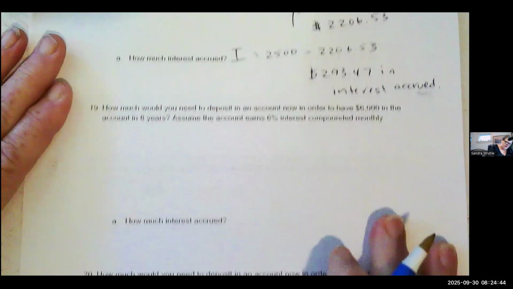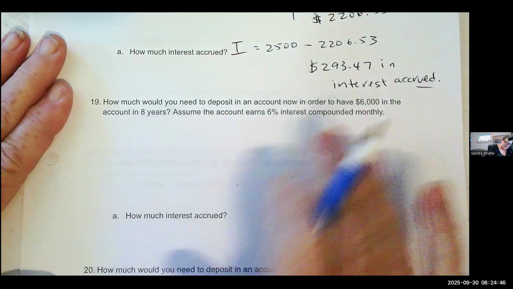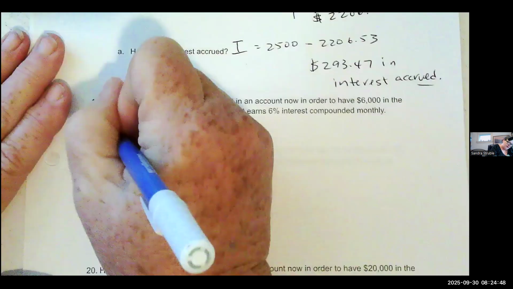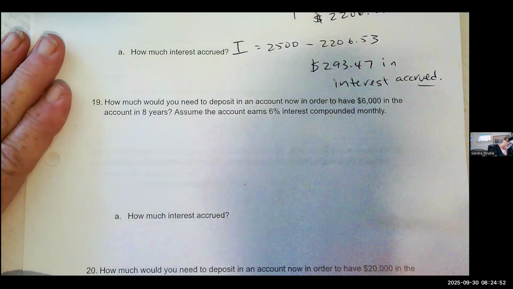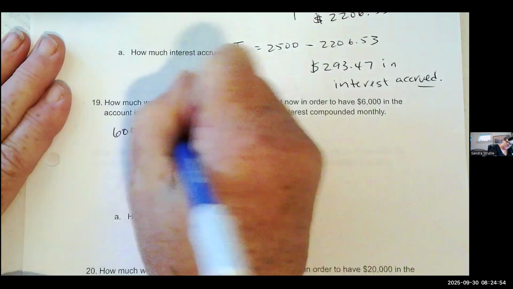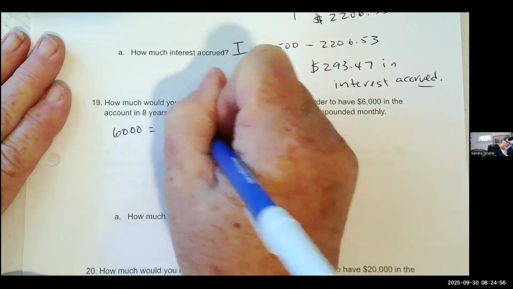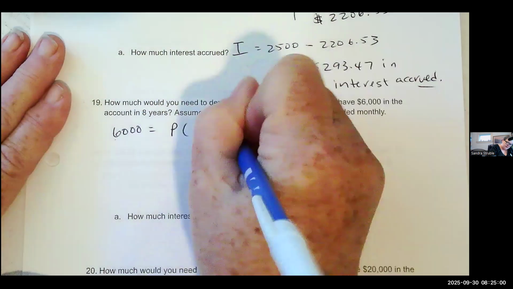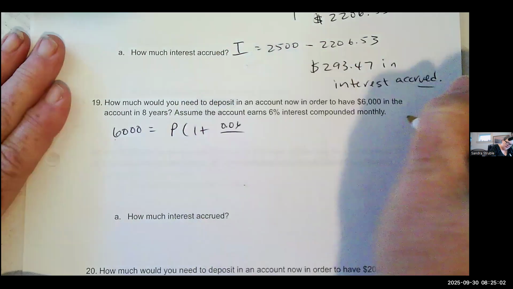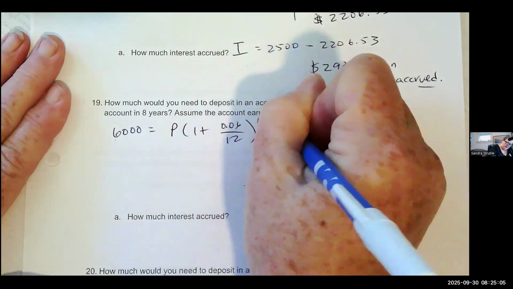All right. How much would you need to deposit? That's the exact same kind. So I'm going to just knock this out real quick. 6,000. Pause the video and attempt this one yourself. Come back, see how you did. 6,000 equals P times 1 plus 0.06 compounded monthly for 8 years.